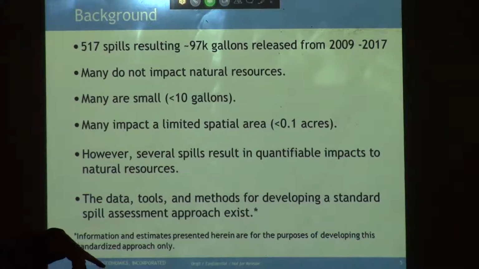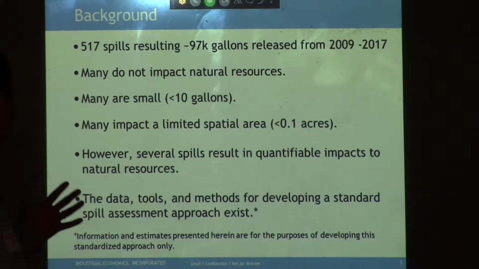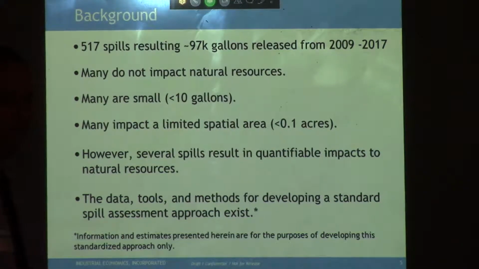But several of the spills in that group do impact natural resources and do result in quantifiable impacts. And based on 30 years of NRDA practitioners' work, there are tools and methods available to quantify these impacts for oil spills.